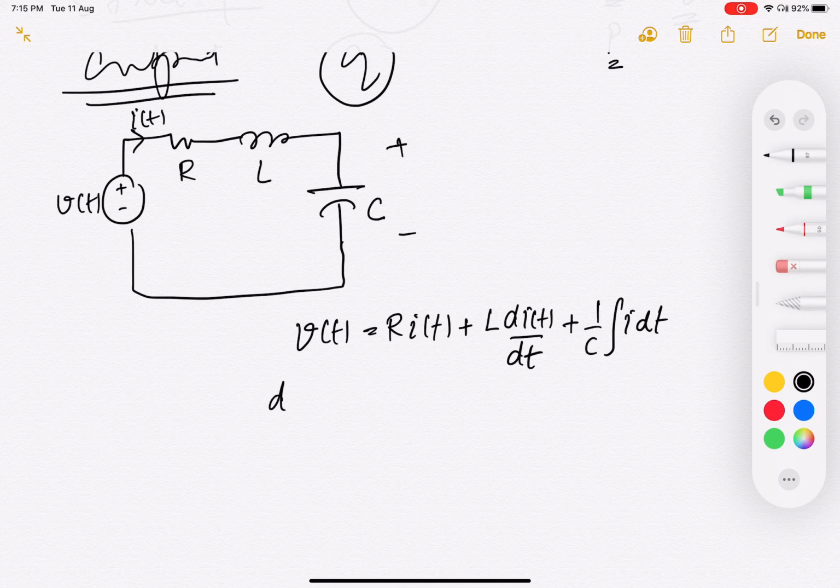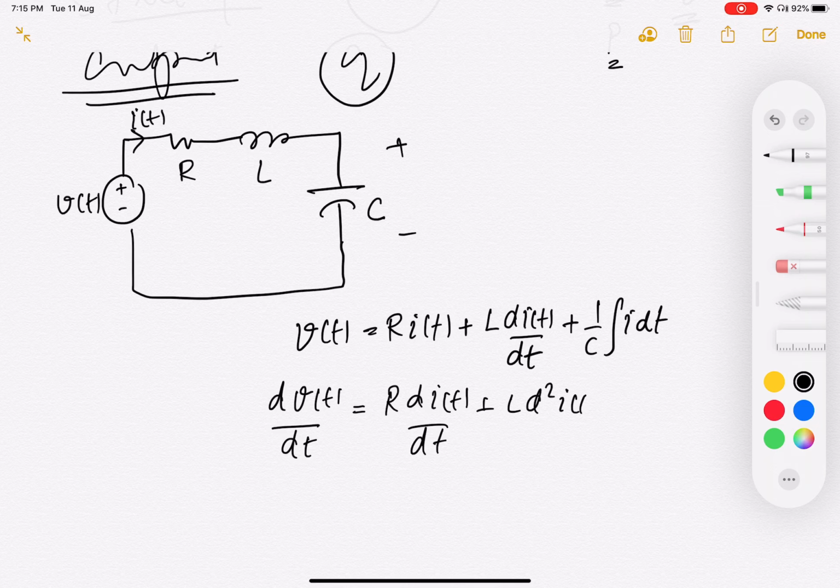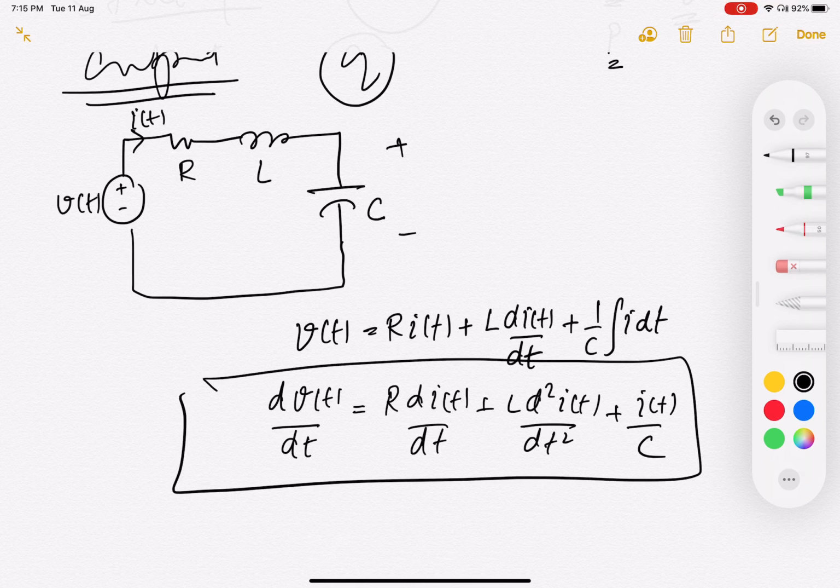So we can write dVt by dt is equal to R dit by dt plus L d square it by dt square plus it by C. So this is the differential equation representation of the circuit that we have presently. But we want the representation that we can cast in this form: x dot is equal to Ax plus Bu, y is equal to Cx plus Du.